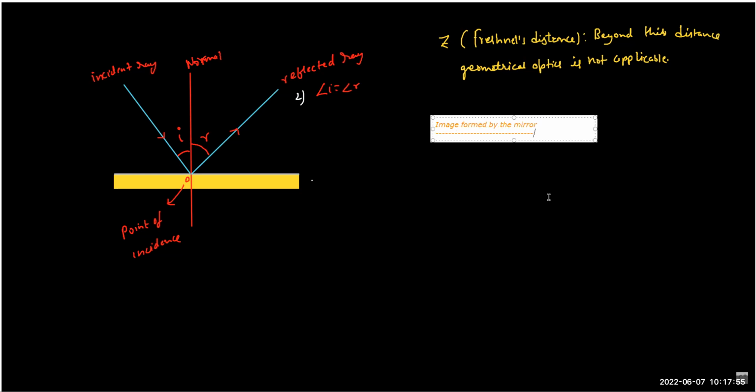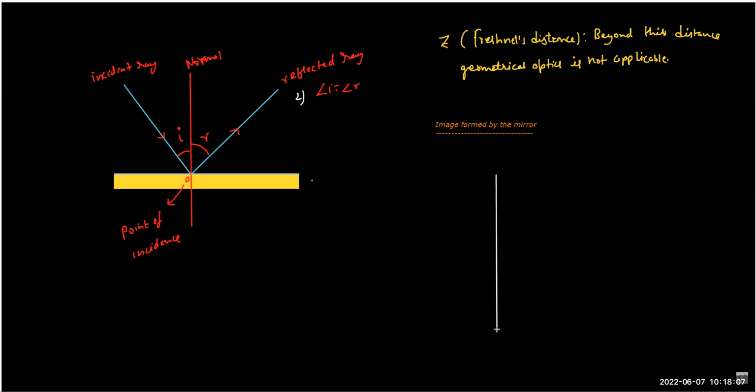For every mirror to form an image, what we need is a minimum of two light rays, right? So we need a minimum of two light rays to form the image.